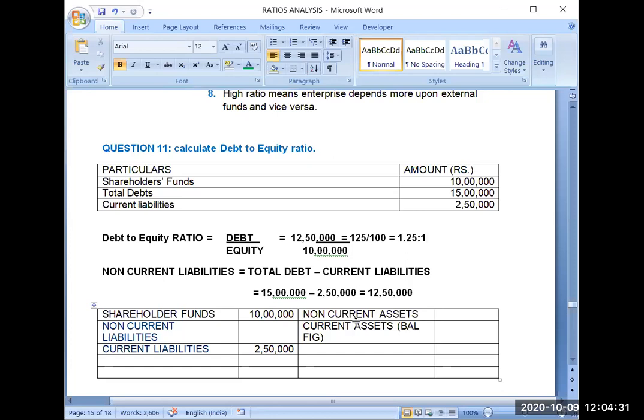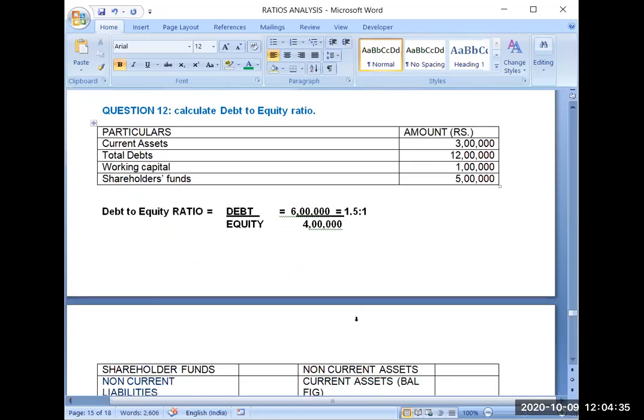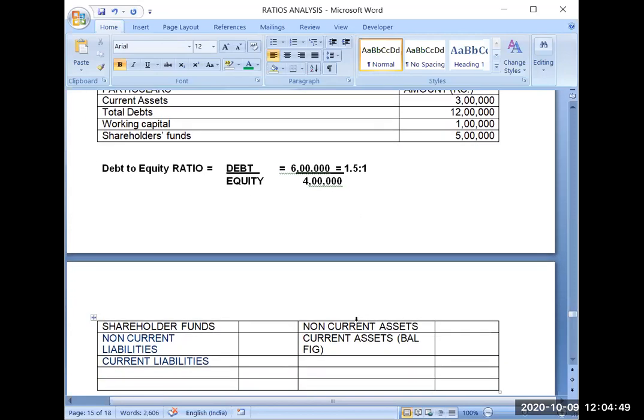So I hope this one is clear. Then you can see this question. Current assets are given as 3 lakh, total debts are given as 12 lakh, working capital is given as 1 lakh, shareholder fund is given as 5 lakh. Again, I will take the help of the balance sheet to clear the picture.